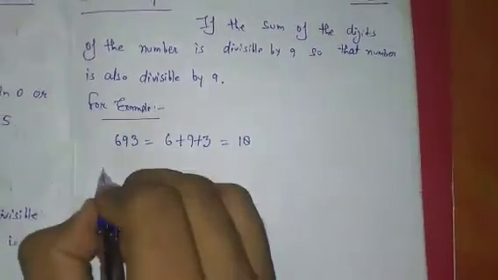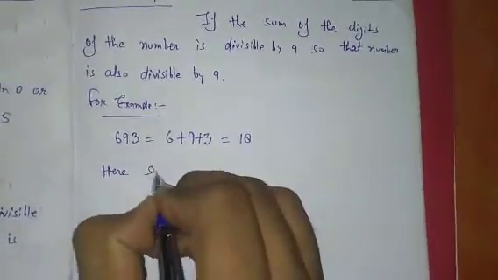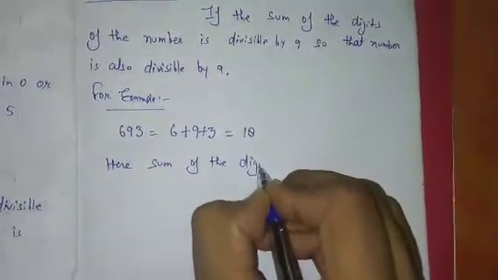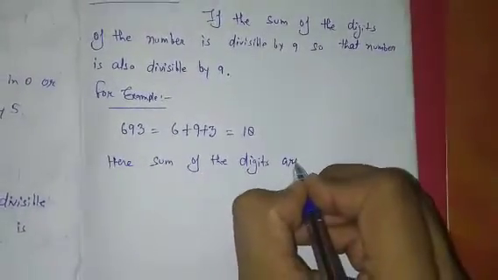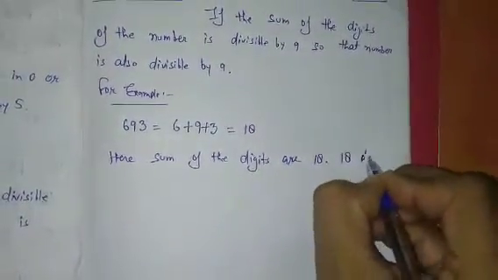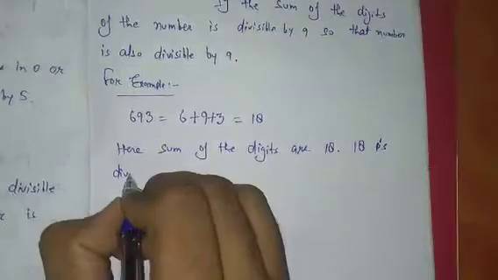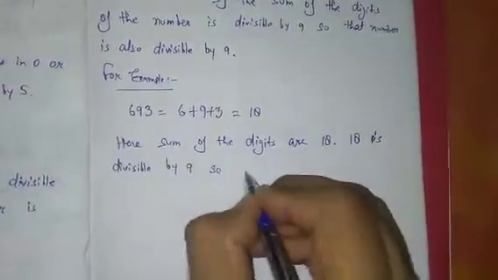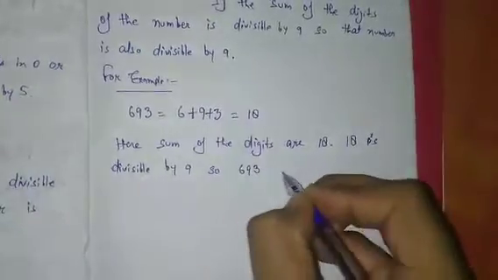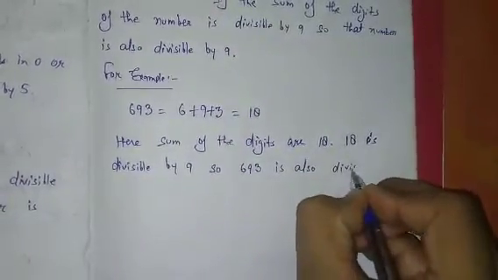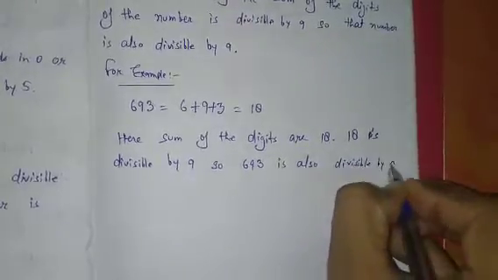So here you can write it: the sum of the digits is 18. Okay, 18 is divisible by 9, so 693 is also divisible by 9.